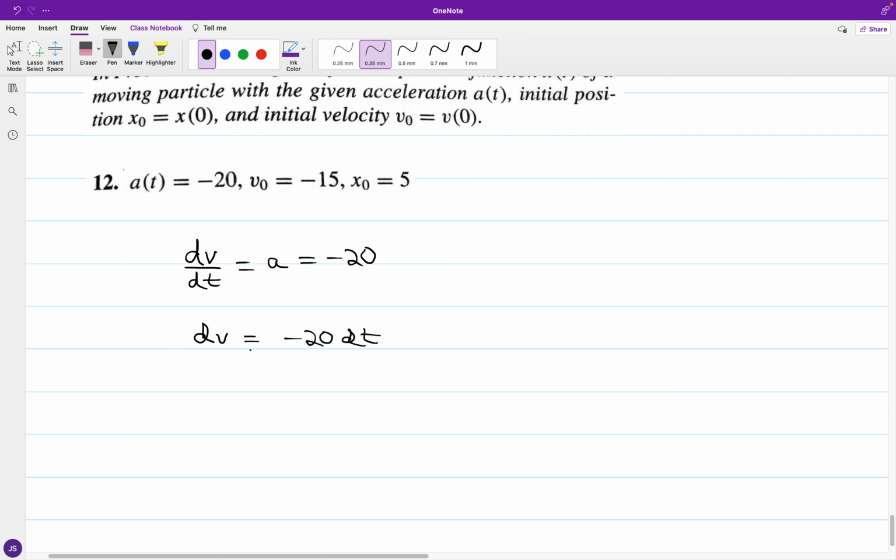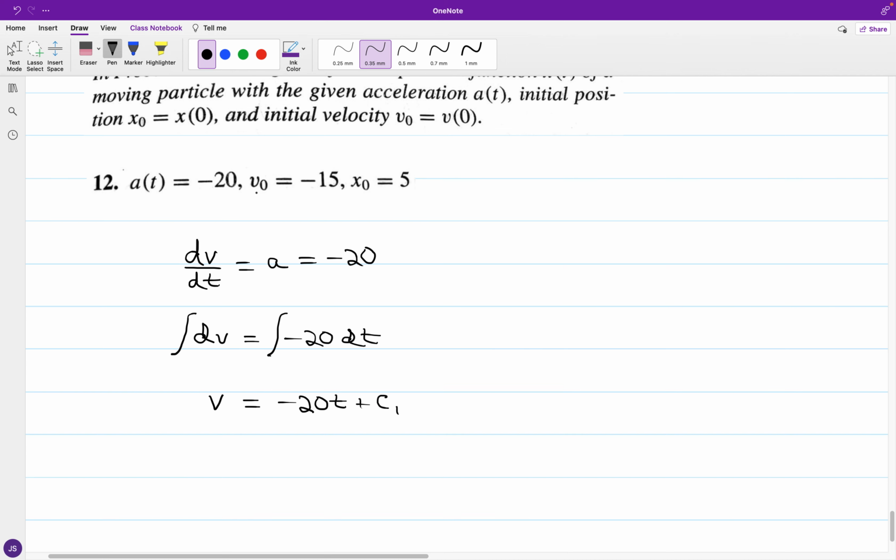And upon separating, we can integrate on both sides. So the antiderivative of dv is v, and for the integral of negative 20 dt, we have negative 20t plus c sub 1.